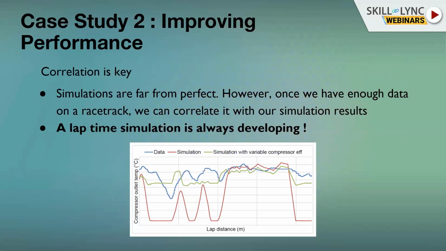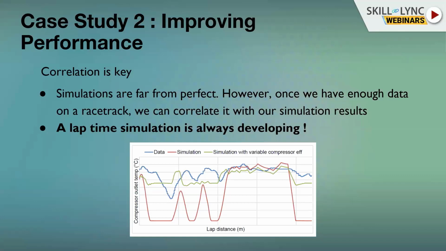Their lap time simulation was not taking a compressor efficiency model, and by implementing it, of course, it changed the lap time of each simulation, but your simulation is more precise, and each time you are improving the models, you will have better outputs, and also you can improve different areas of the car.